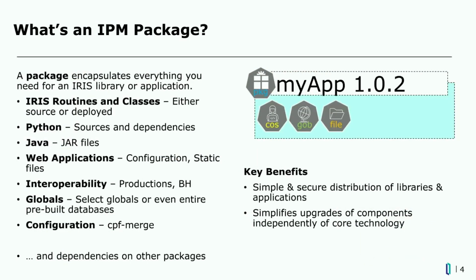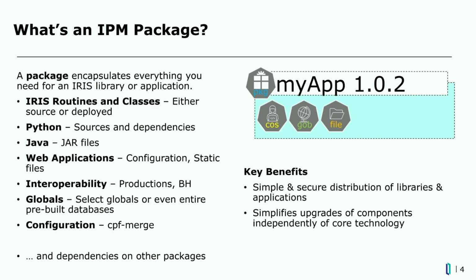What goes into it? An IPM package encapsulates everything that you need for your application into one bundle that you can then move from one machine to another and deploy, just like you do for any other package manager in any other language. This is going to be a theme for my little section. It's all going to sound very familiar to the developers.